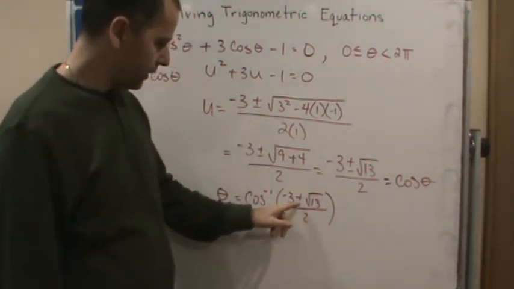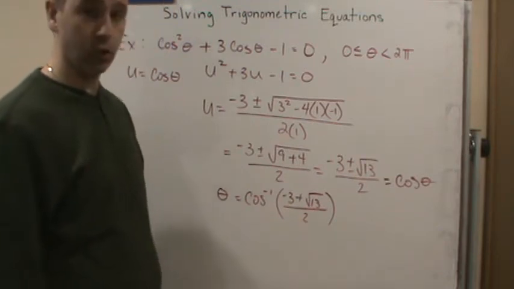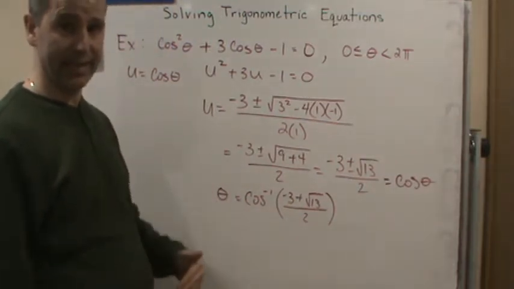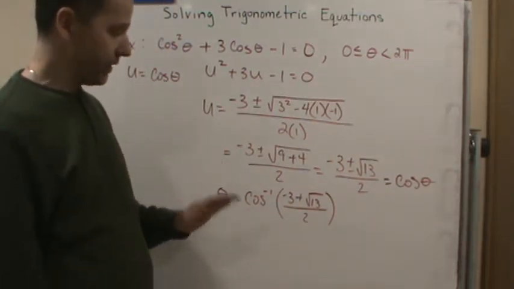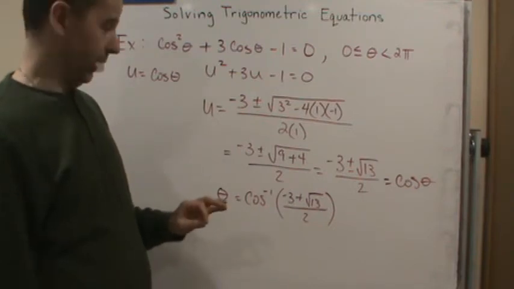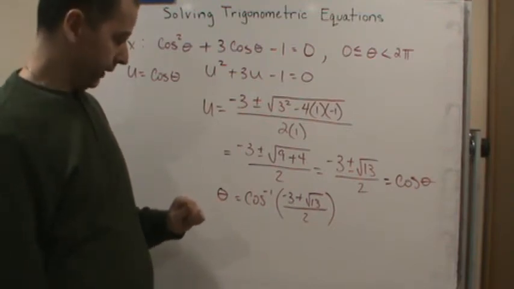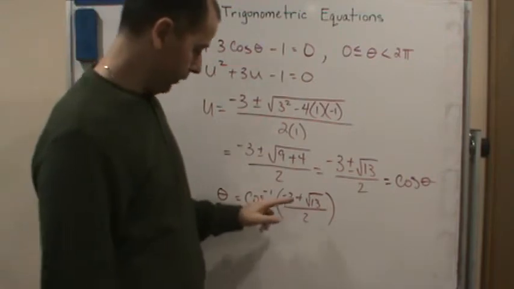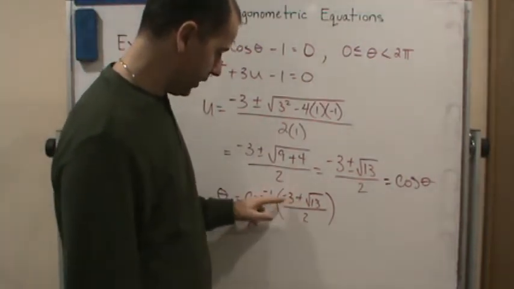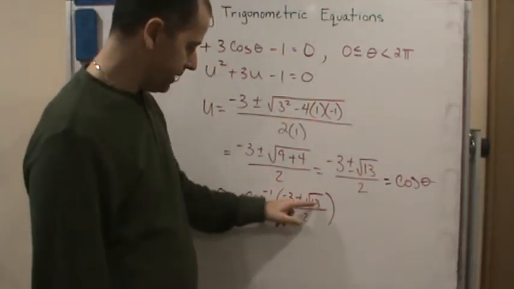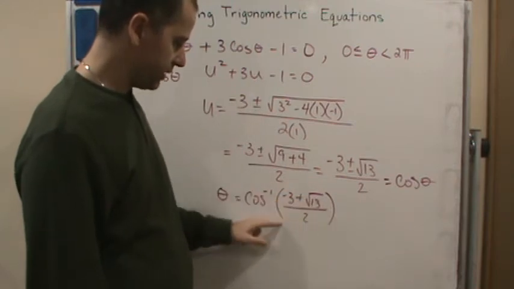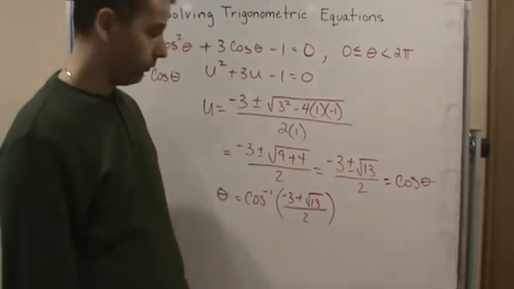If we put the negative sign, that's going to put us less than -1, and so we'll get a domain error on our calculator. But if we leave it as plus, we get a difference on top, which is going to put us less than 1. Okay?